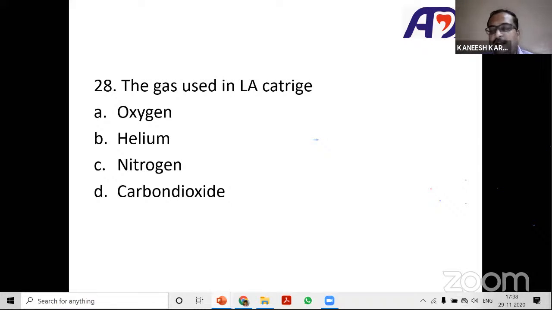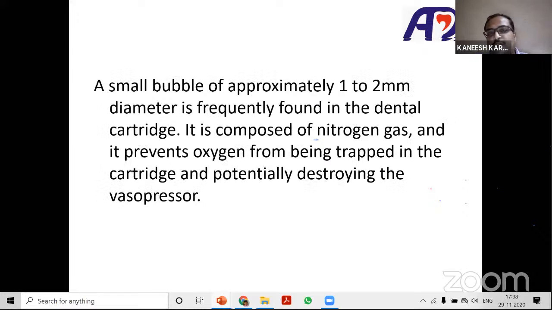The gas used in LA cartridges, yes, it is nitrogen. Why? A small bubble of approximately 1 to 2 mm diameter is frequently found in the dental cartridge. It is composed of nitrogen gas to prevent oxygen from being trapped in the cartridge and potentially destroying the vasopressor.